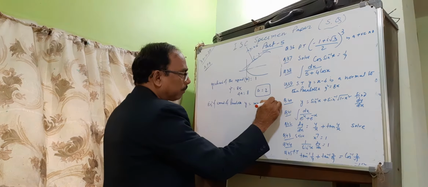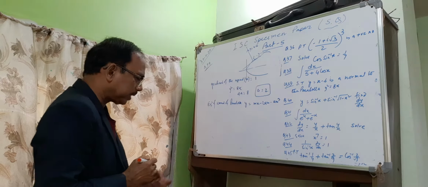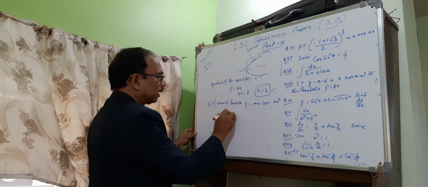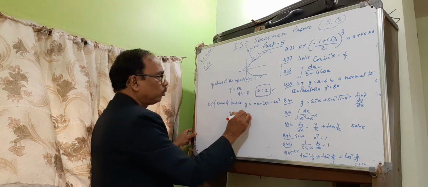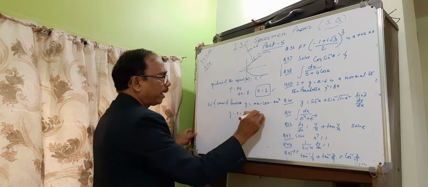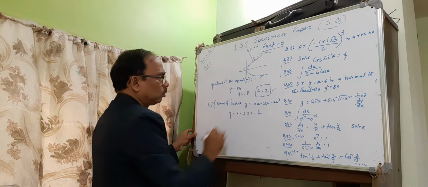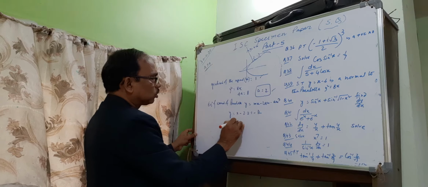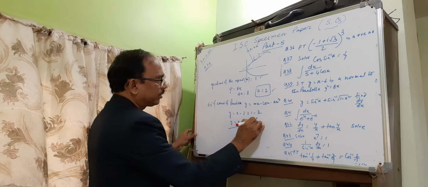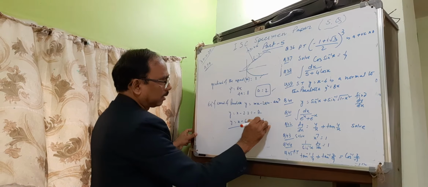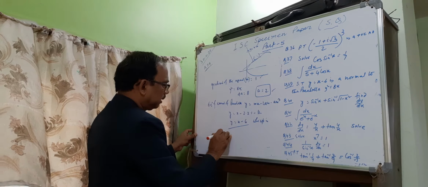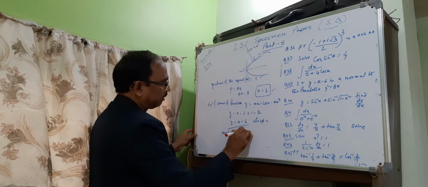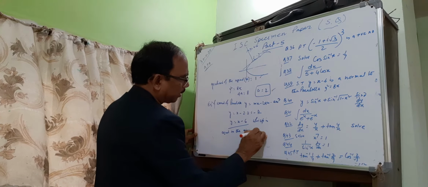Y equals mx minus 2am minus am cube, here m is 1 and a is 2. That is y equals x minus 2 into a value 2, m value 1, minus a value 2, m cube, that is y equals x minus 6, which is equal to the given equation.